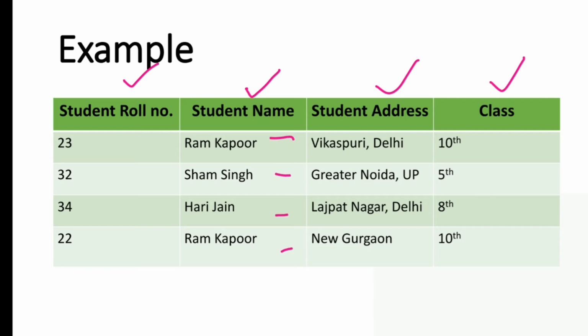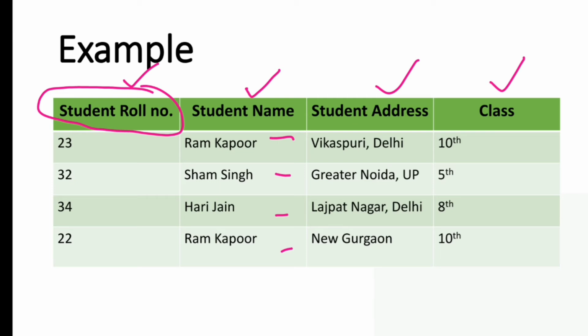Alright. So you can identify what is a super key in this case. So a super key in this particular case is the student roll number. And why so? Because it's a unique number for each student, and also any superset of student roll number with either student name or student address or class can also be a super key.